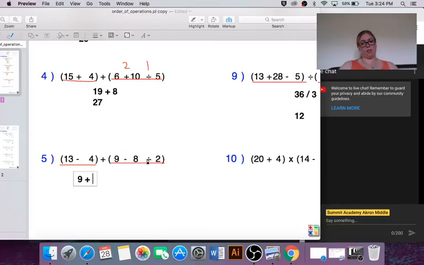Order of operations in here says we solve the division first and then the subtraction. So 8 divided by 2 is 4. 9 minus 4 is 5. So we have 9 plus 5, which gives us 14.